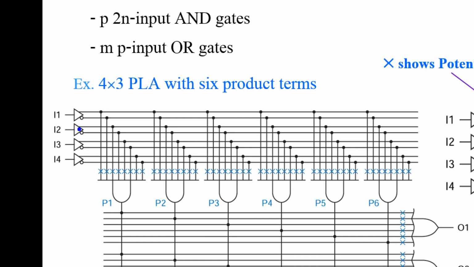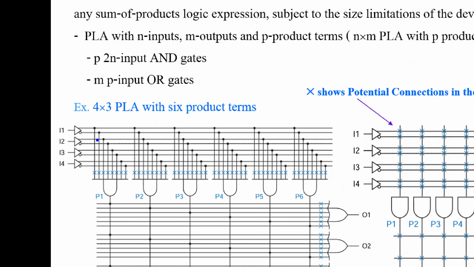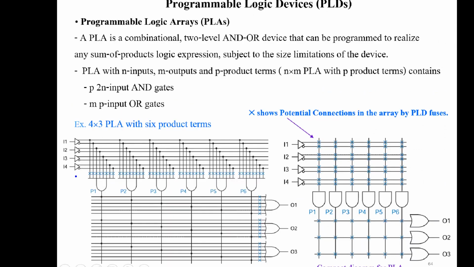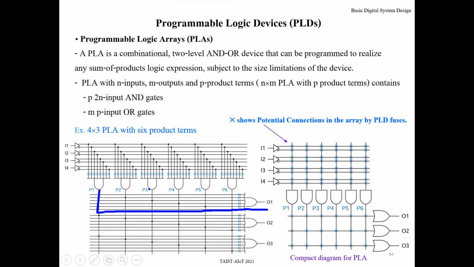For the active low output, there is a circle or inversion bubble here, and it connects to the AND gate. All of these connect to AND gates, and the output of each AND gate goes to an OR gate. So the function we write is in AND-OR, or sum of products, form.